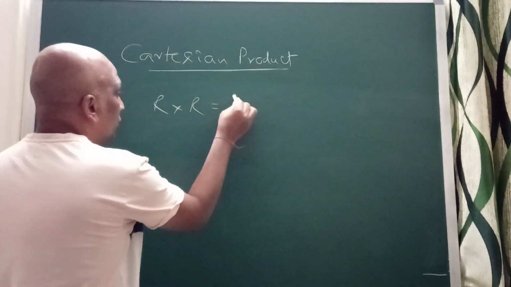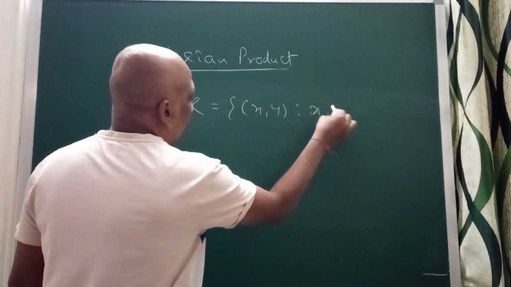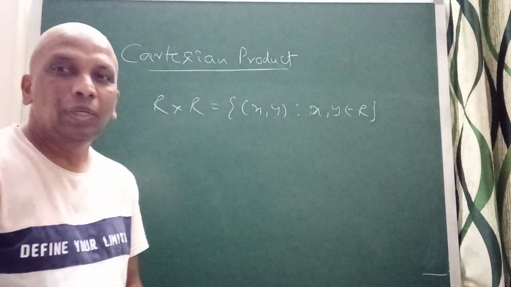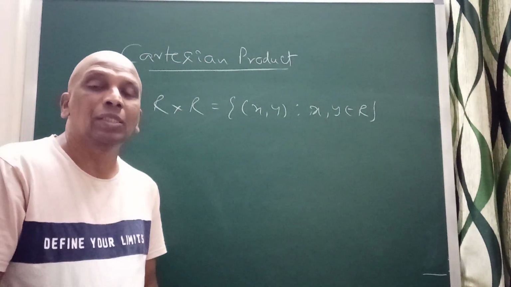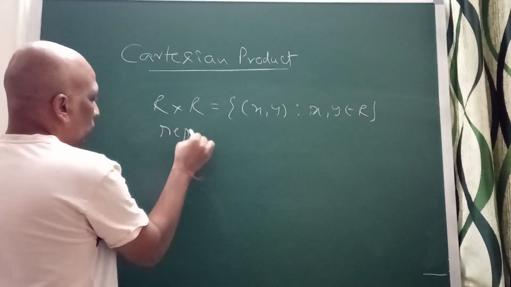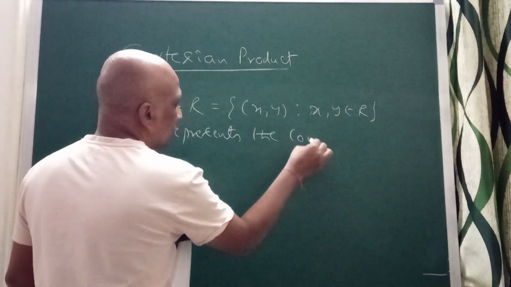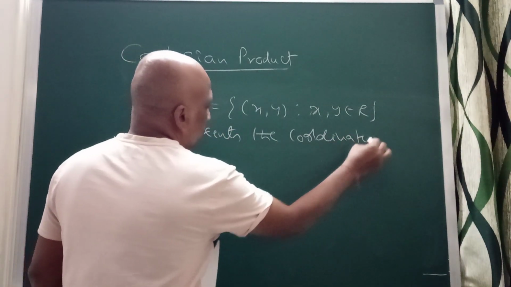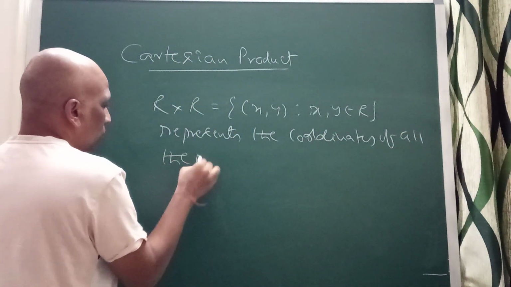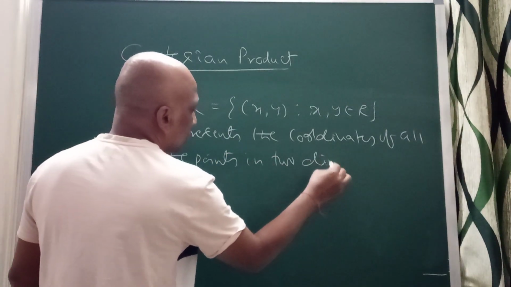R cross R is equal to the set of (x, y) such that x, y belong to R. So this R cross R represents the coordinates of all the points in two-dimensional space.